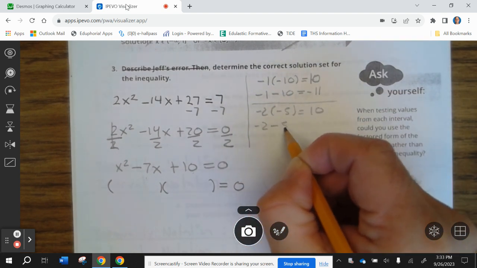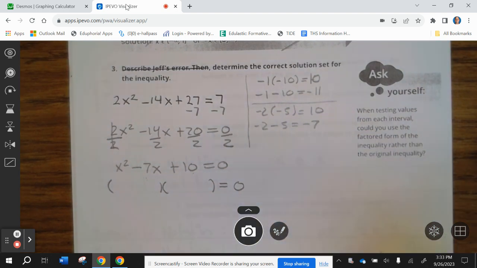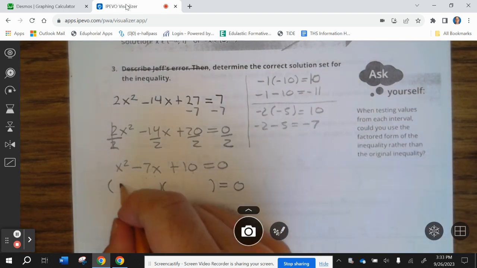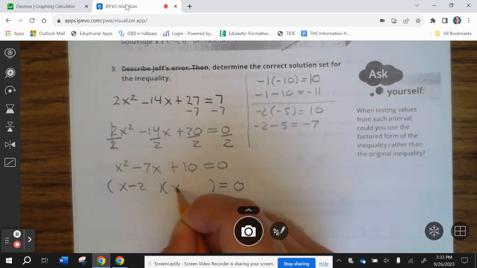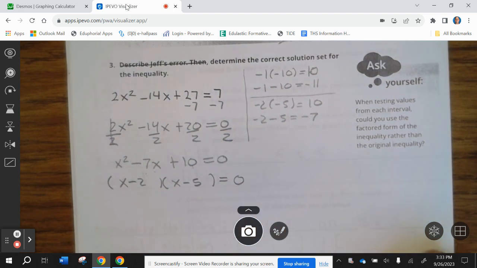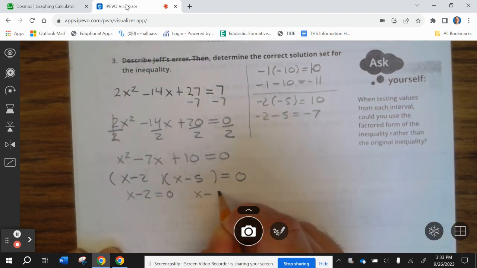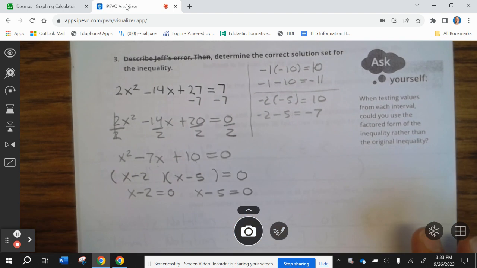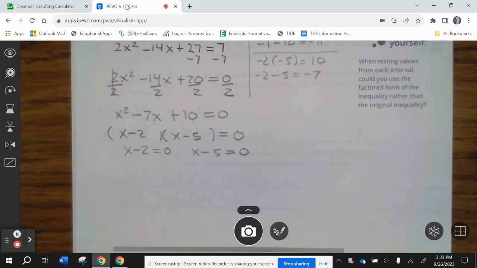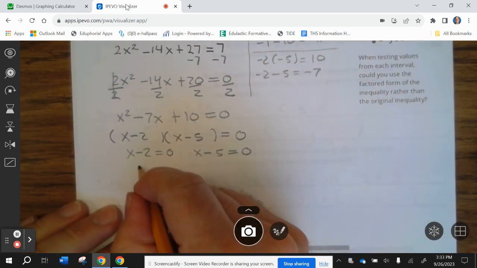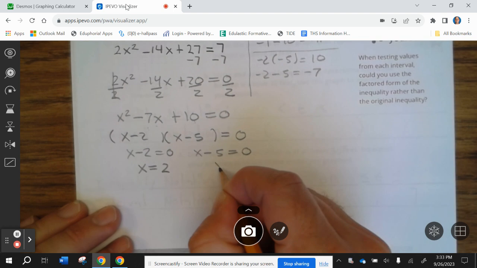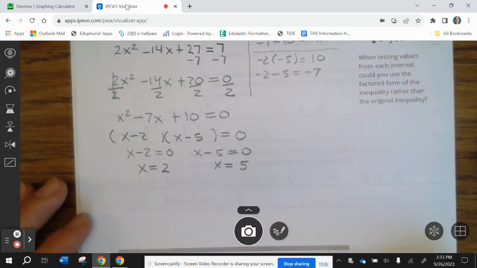Negative 2 minus 5 equals negative 7. So our factors are x minus 2, x minus 5. So x minus 2 equal to 0, x minus 5 equal to 0. So x equals 2, x equals 5.